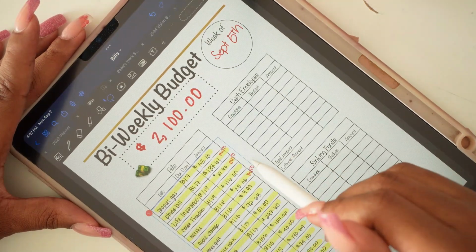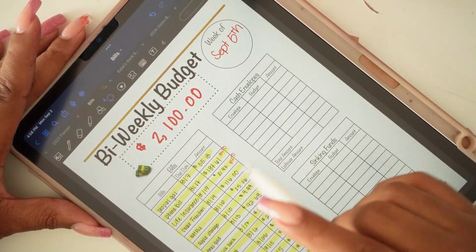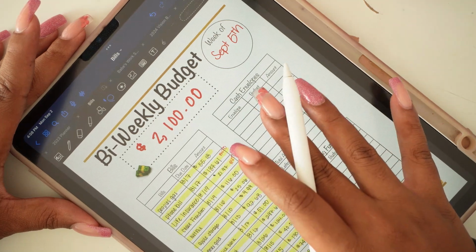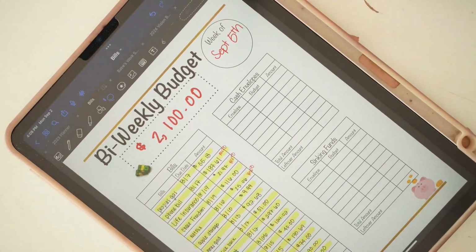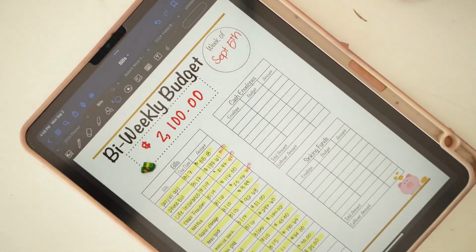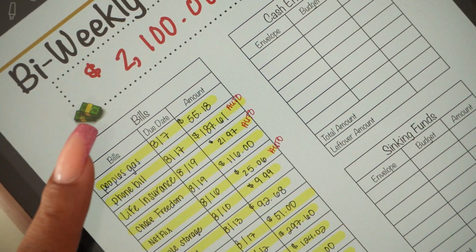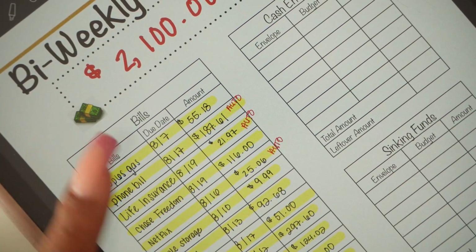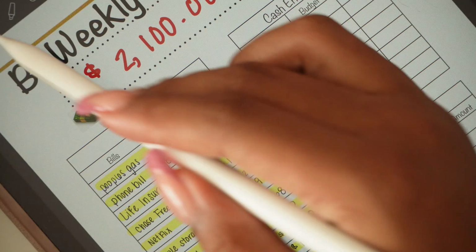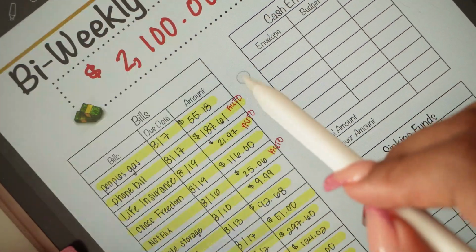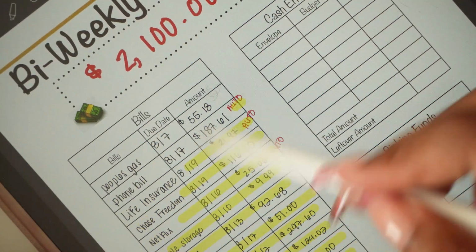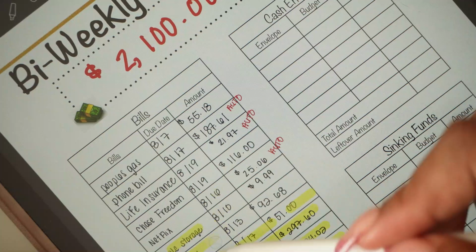So these are pretty much from August 5th. Why is it not focusing? This 5th, which I will be using to budget out September 5th, I'm gonna first erase all the highlighter. I use the highlighter to mark that I paid it.